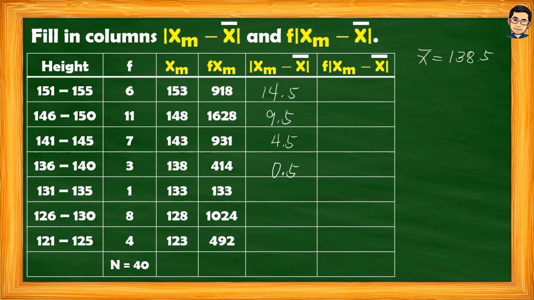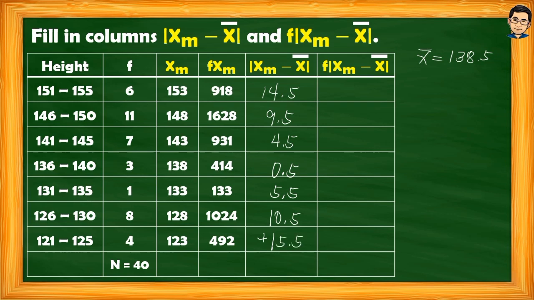The absolute value of negative 5.5 is 5.5. Next, 128 minus 138.5 is negative 10.5. The absolute value of negative 10.5 is 10.5. And then, finally, 123 minus 138.5, that is negative 15.5. And the absolute value of negative 15.5 is positive 15.5.